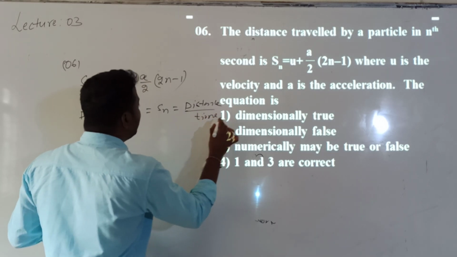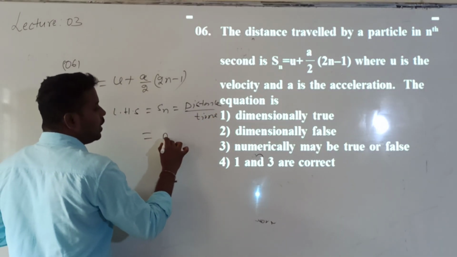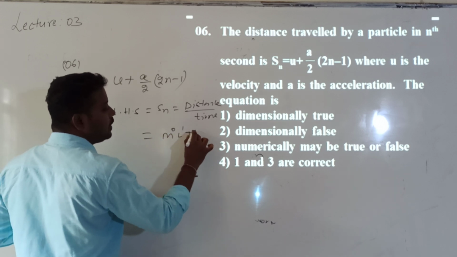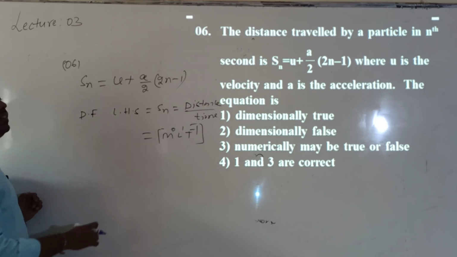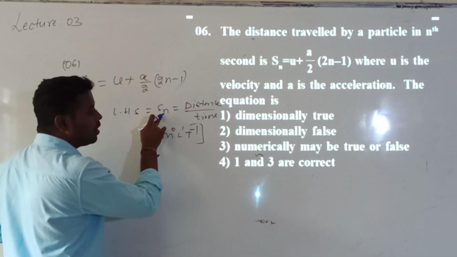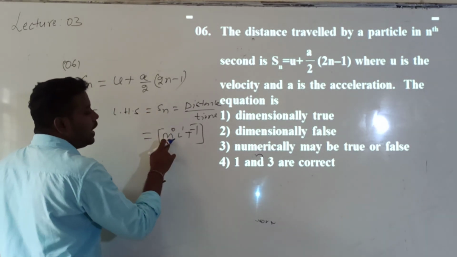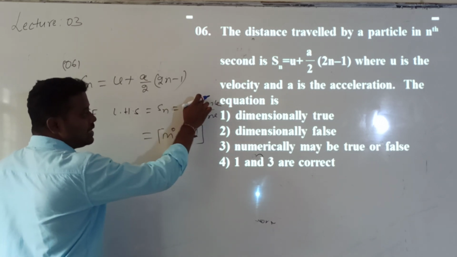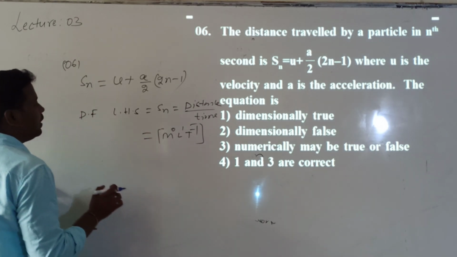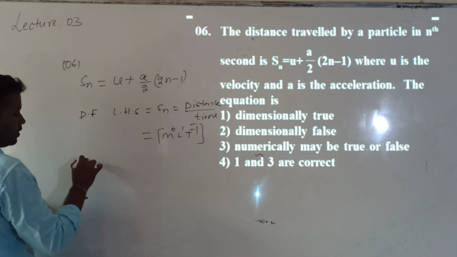That's why the dimensional formula will become M power 0 L power 1 T power minus 1. Everyone will think that Sn is only distance, so they will write M power 0 L power 1 T power 0. But Sn is the distance travelled in a given time. So that is the dimensional formula of LHS.